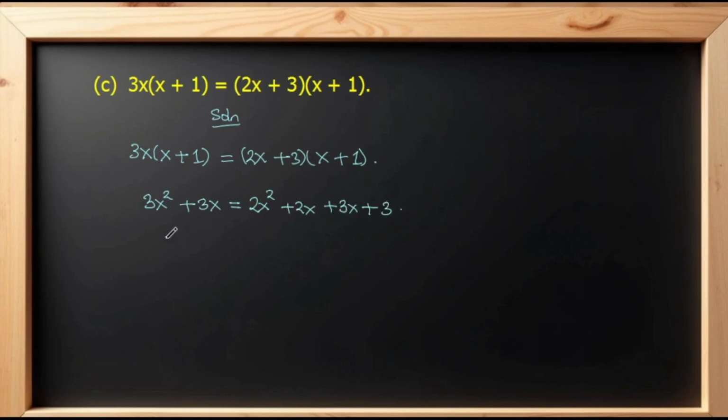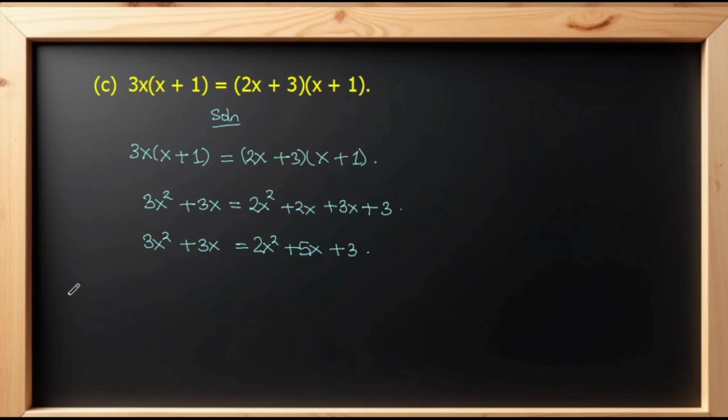Simplifying these terms, we have here 3x squared plus 3x equals 2x squared. Now this sums up to 5x plus 3.